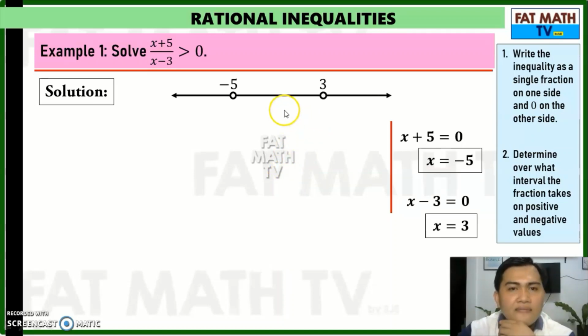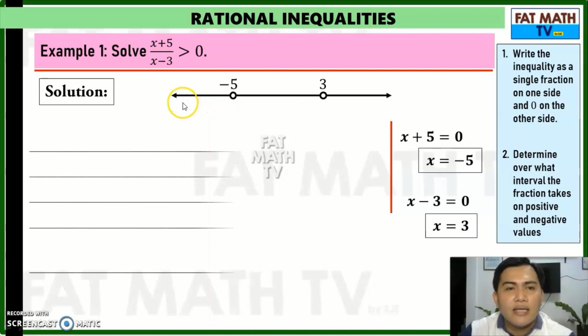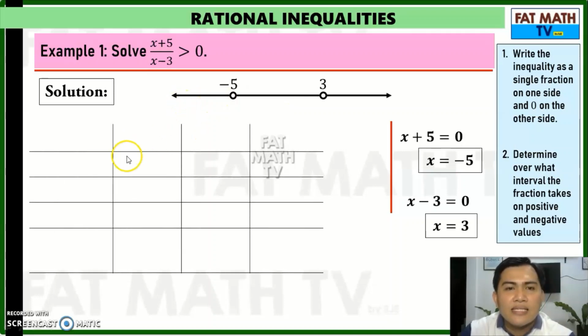We have -5 here and then 3 on the right. So let's do the sign analysis: we identify over what intervals this fraction takes on positive and negative values.